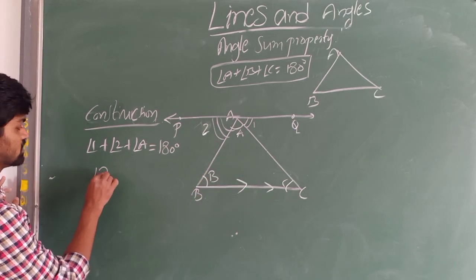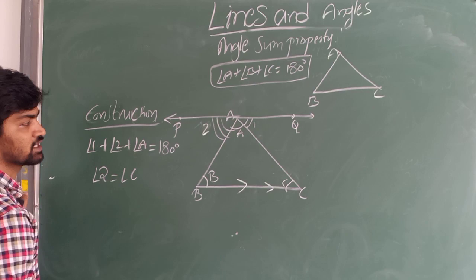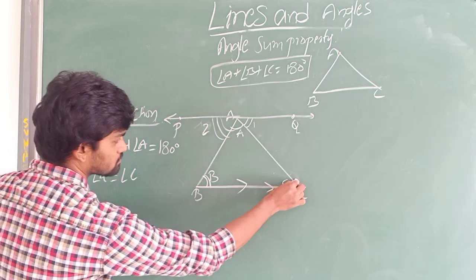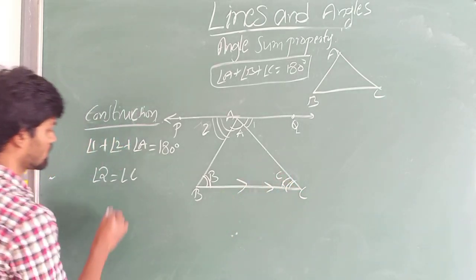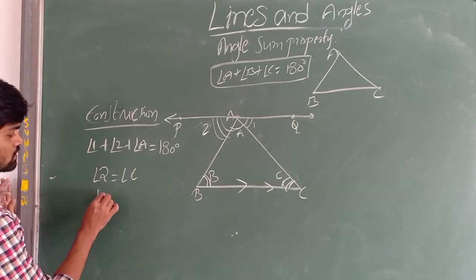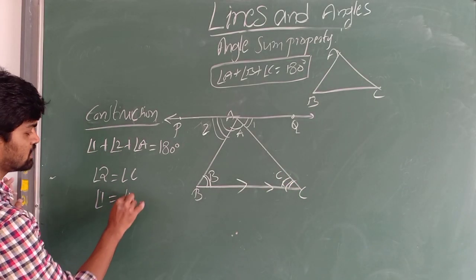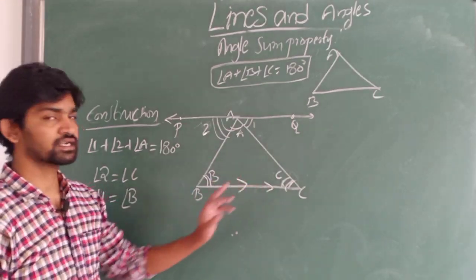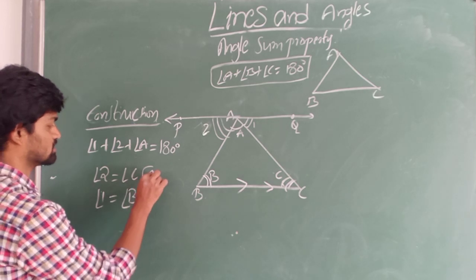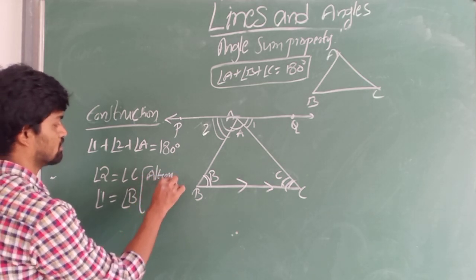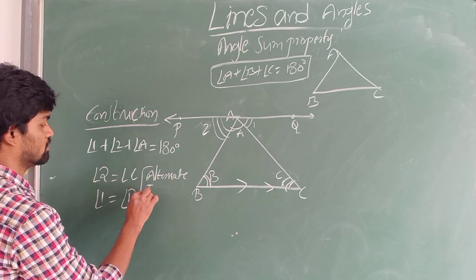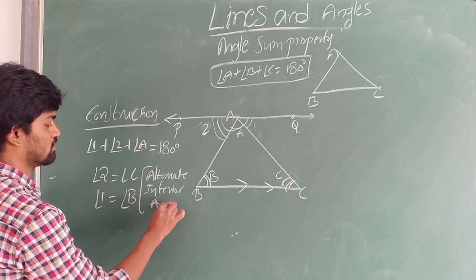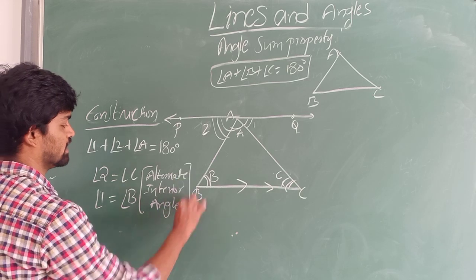So angle 2 equals angle C, and angle 1 equals angle B. They are equal because they are alternate interior angles.